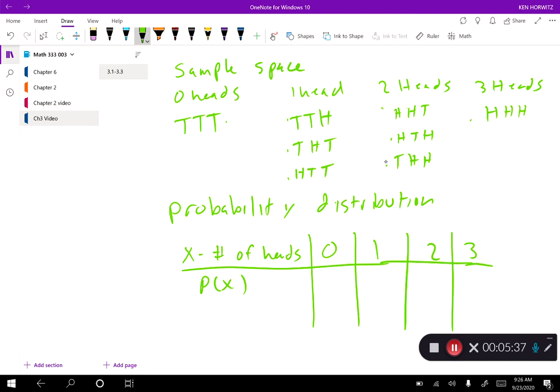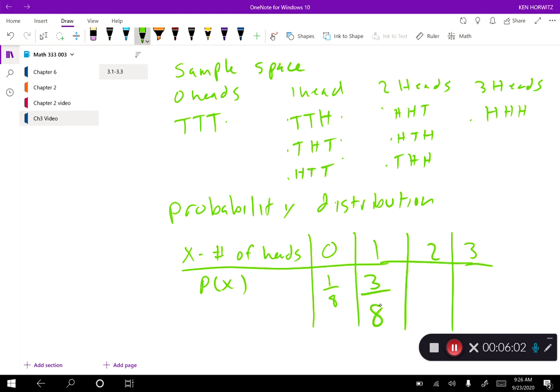So the probability of getting 0 heads would be 1 out of 8. Probability of 1 head would be 1, 2, 3, so 3 out of 8.